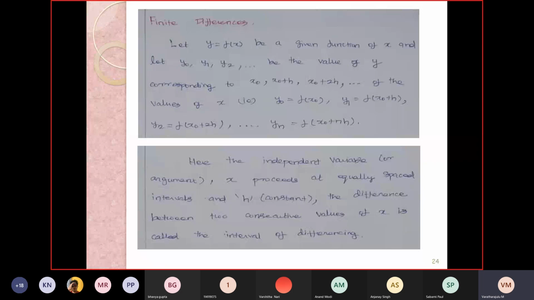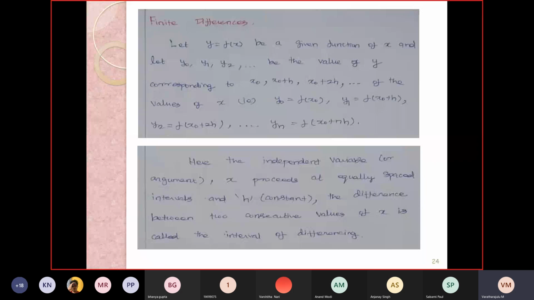Let y be a given function of x, and let y0, y1, y2 be the values of y corresponding to x0 and x0 plus h. As I said, when the interval is equal, that is h.